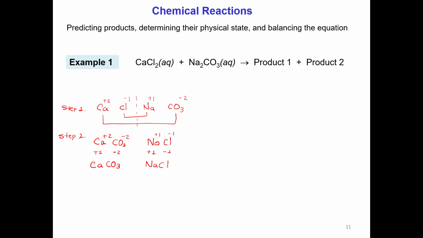Once we have the final products, we can move to step number 3. We want to determine the physical state of each of the products, and to do that, we need to write the complete equation. Let's write the reactants first.